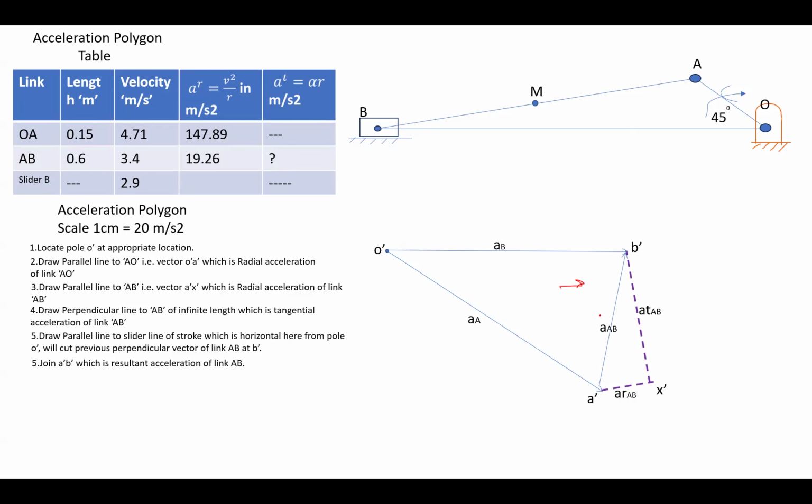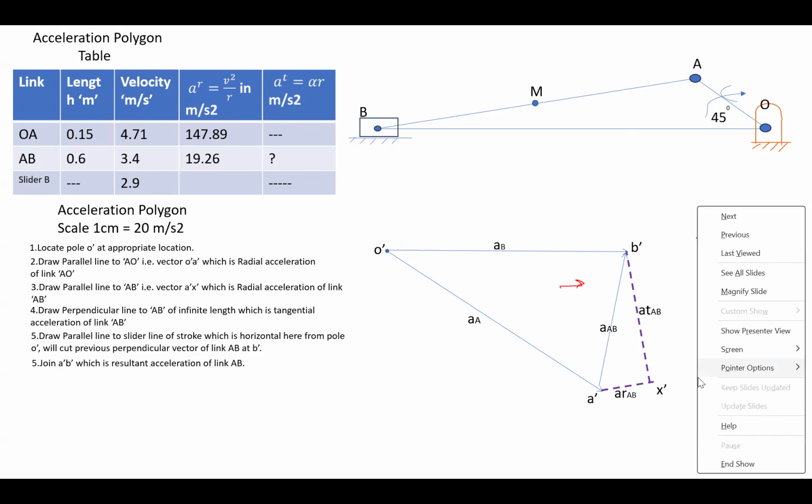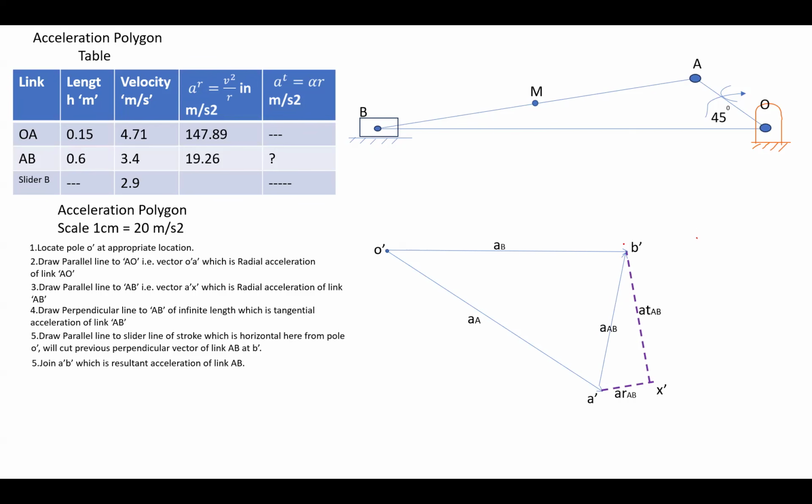Now our acceleration diagram is completed, but we have to locate the M point. How to locate the M point? M is the midpoint of link AB. Now where is the AB vector? This line is the AB vector.